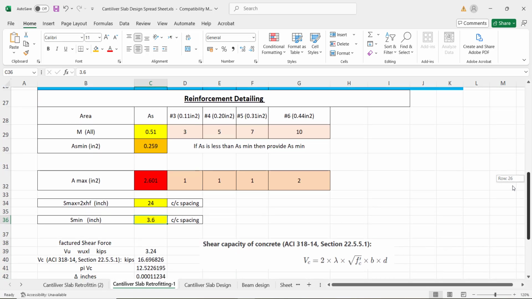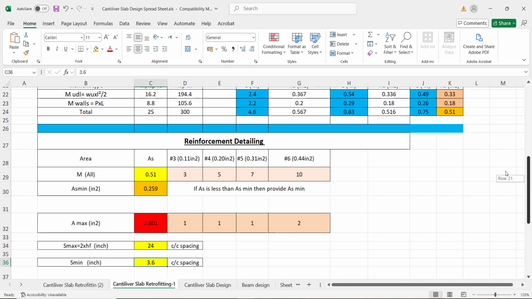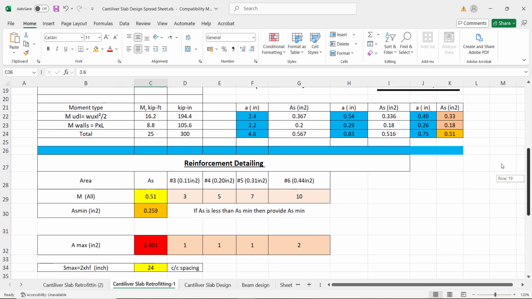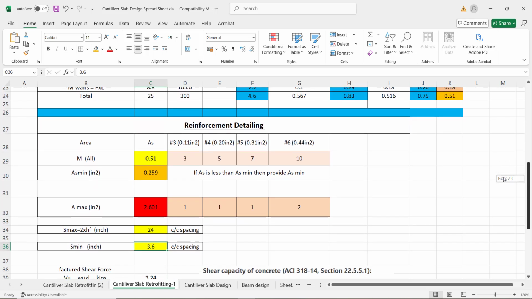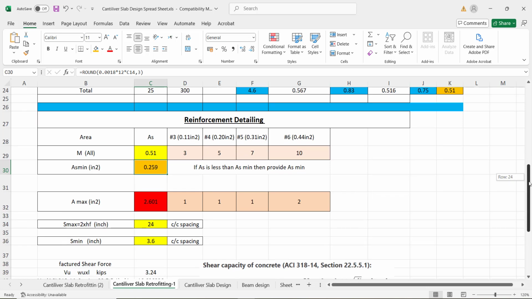Provide the main reinforcement at the rate of number 4 at 4 inch center, and the shrinkage reinforcement with the minimum steel, followed by the shrinkage or temperature reinforcement.